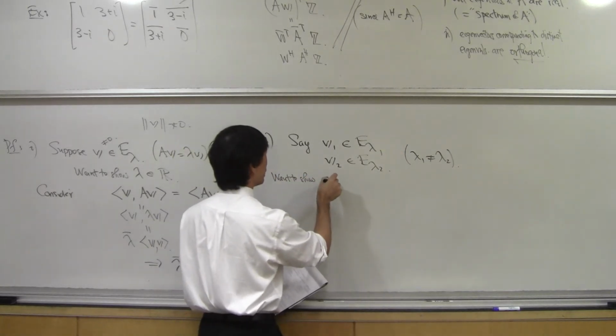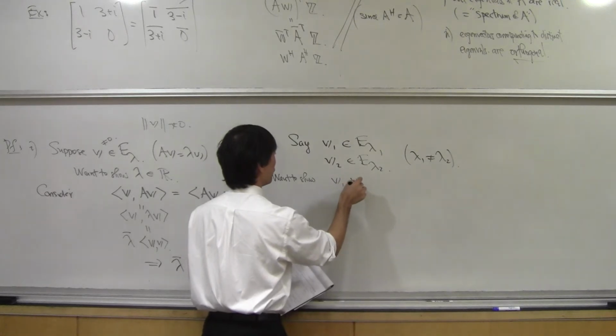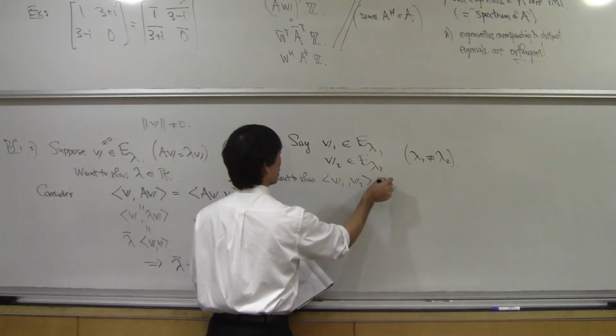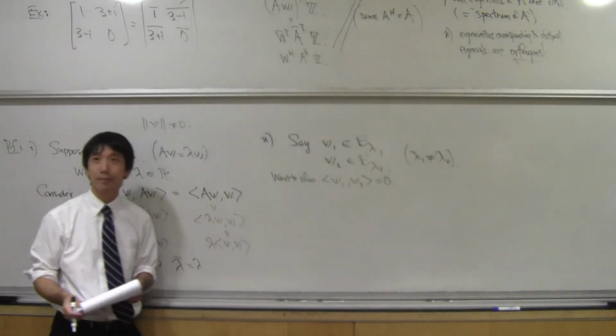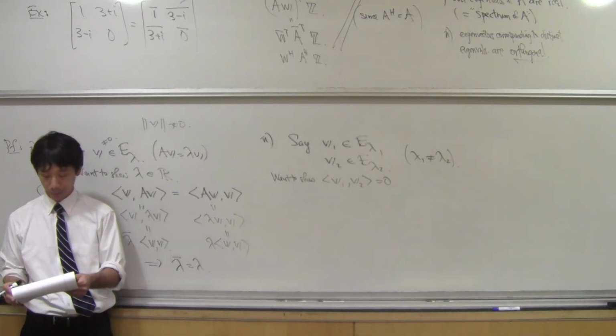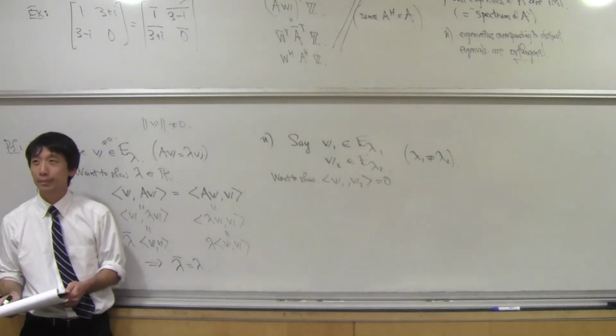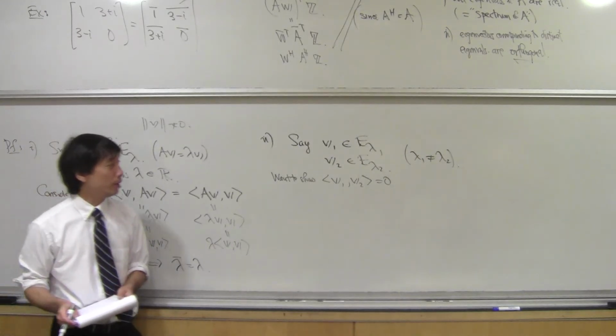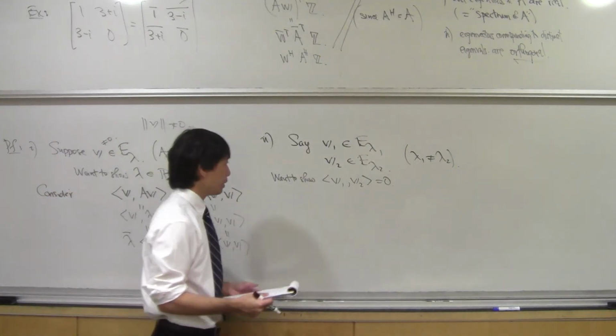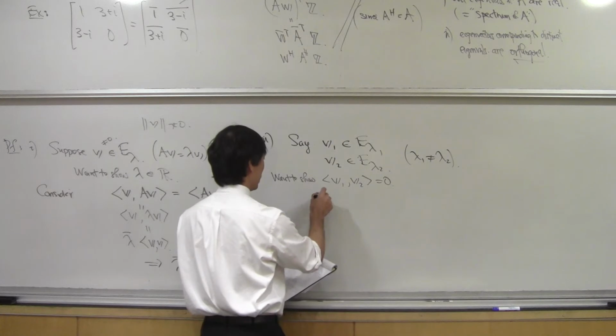We want to show that the inner product of V1 and V2 is equal to 0. The argument goes pretty similarly.